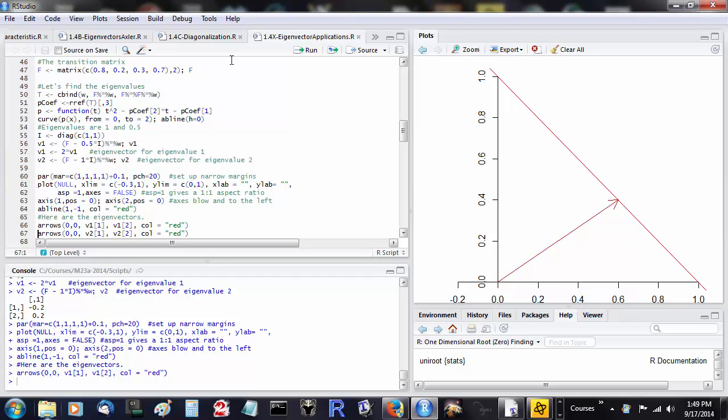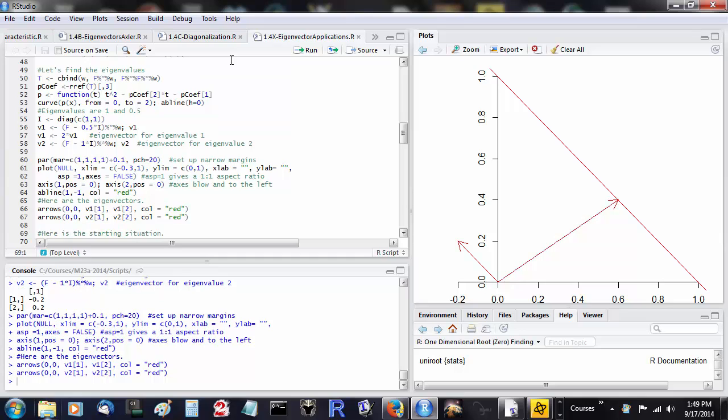That was our guess about what the probabilities would settle down to if the game went on and on and on. And here is the second eigenvector, and you say, that's interesting. That lies parallel to that red diagonal line, and we've already observed that too.